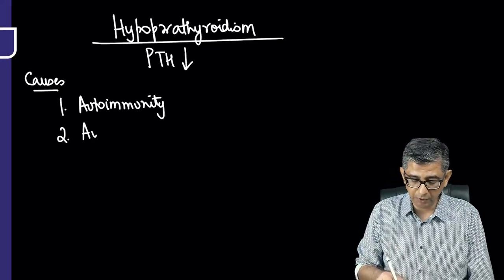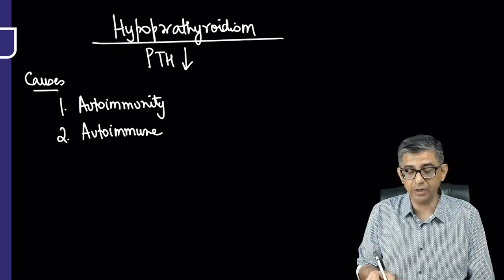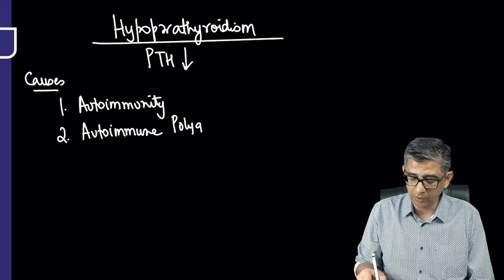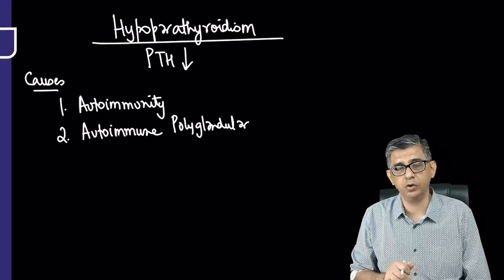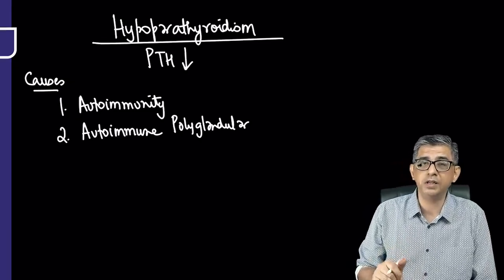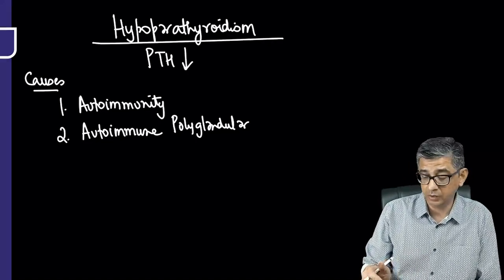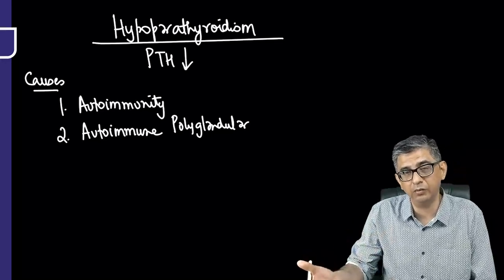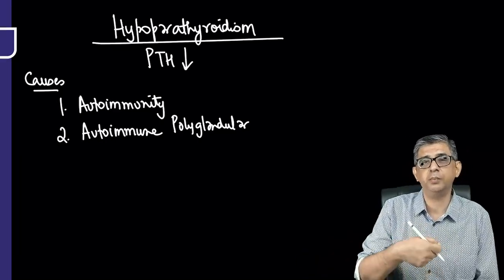Now, usually we could be having either autoimmunity written in the MCQ, or he may deliberately write the term autoimmune polyglandular syndrome, which tells you that not only is the patient's parathyroid gland affected or PTH production hampered, but simultaneously the thyroid gland can be affected. Multiple endocrine glands can get involved here, just like you're aware of MEN, where multiple endocrine glands can develop a tumor.